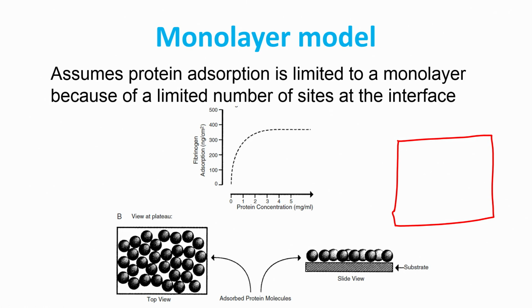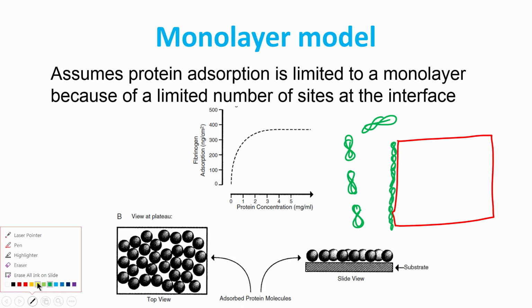So, what this monolayer model assumes is, let us say if there are proteins in the vicinity, these proteins will adsorb onto the surface, and if there is another protein that needs to come in, let us say I have another beaded protein that wants to come and adsorb on the surface, it cannot come and adsorb on top of the surface.